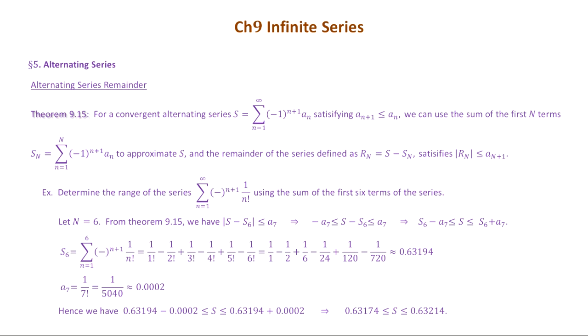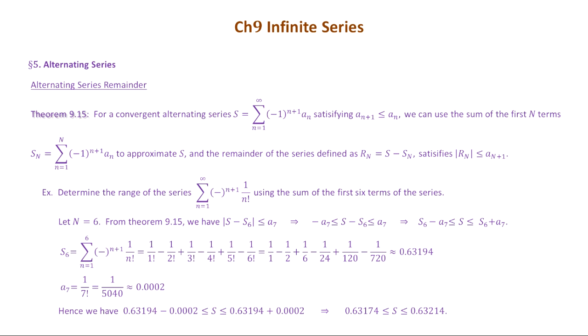Then we can have a good estimation of the sum of the series by truncating a small tail from this series. So Theorem 15 talks about the error when we truncate the tail of the series, how much error we get if we do that.